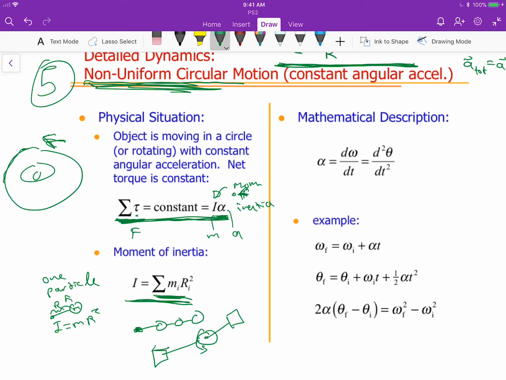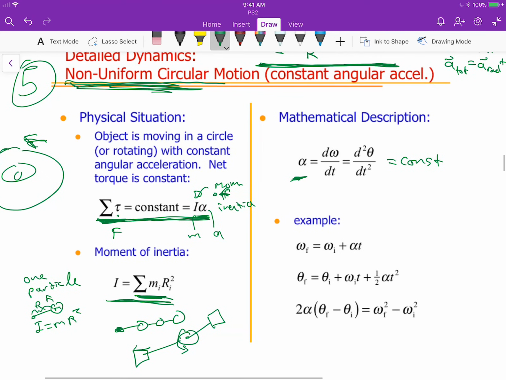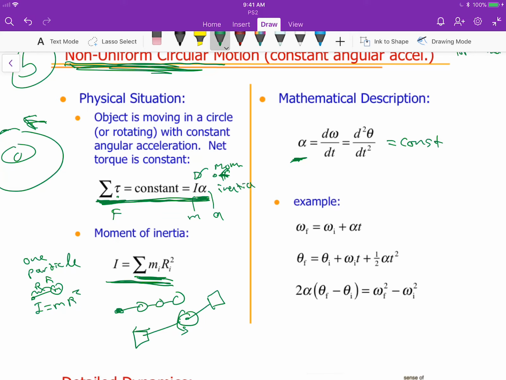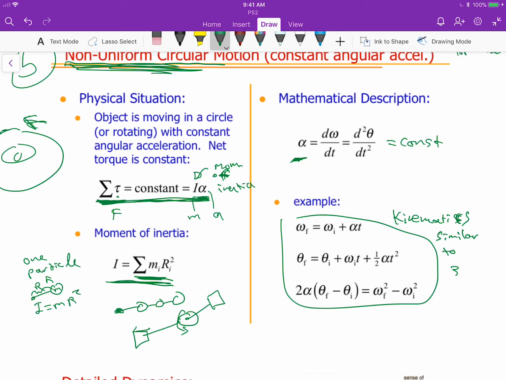And then the mathematical description is that we have this angular acceleration, which is equal to a constant. So this is actually the kinematics here, similar to 3, right?